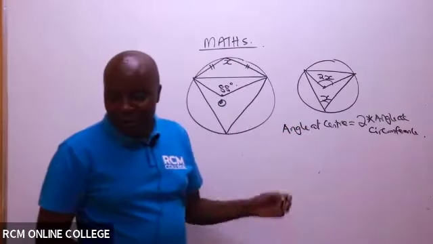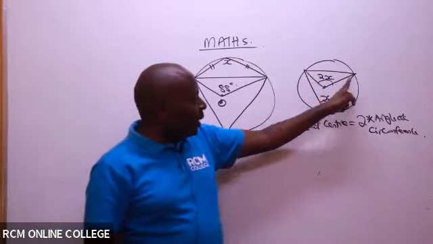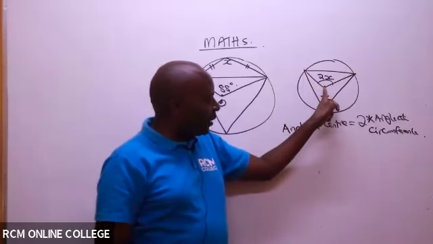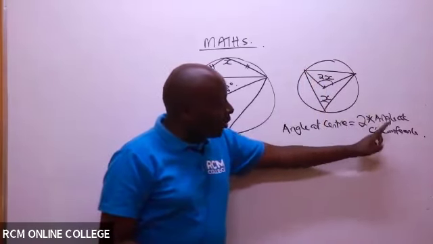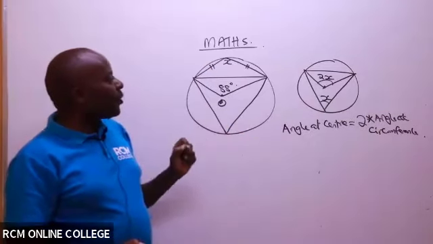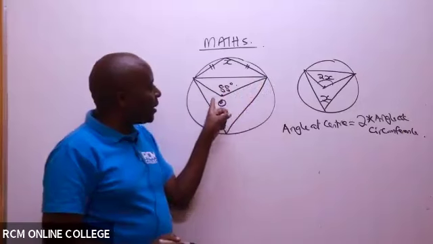Is there somebody who is able to remember this concept? Great. This is the angle at the center. It's normally bigger. The angle subtending to the center will always be equal to double the angle at the circumference.